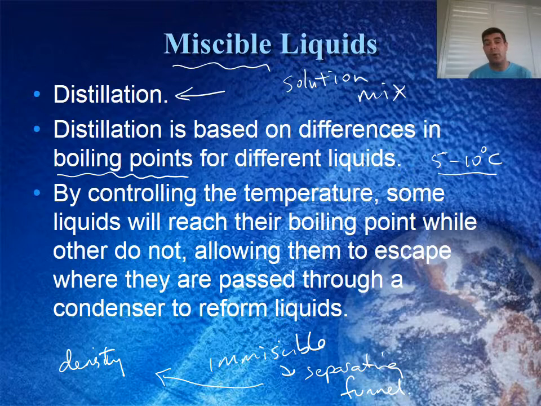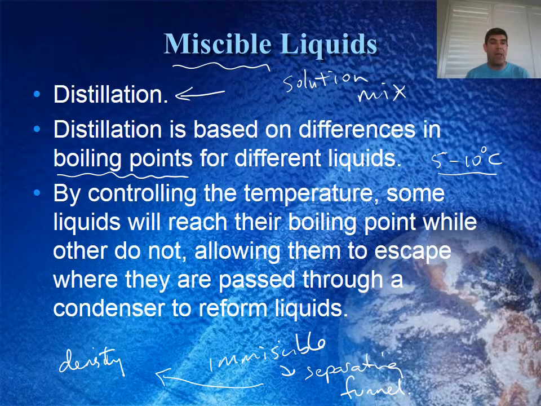You'll know when you boil water that the boiling process of liquid turning into a gas doesn't all happen at exactly 100 degrees. Some of the bubbles start well before the temperature of the water has reached 100 degrees. So that's one of the reasons why, when we're using distillation, we have to make sure that we have a very controlled process. As we control the temperature, the liquid with the lower boiling point will start to reach that and start the phase change from liquid to gas.